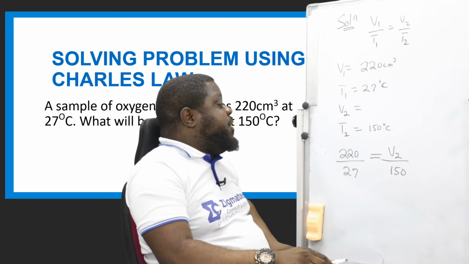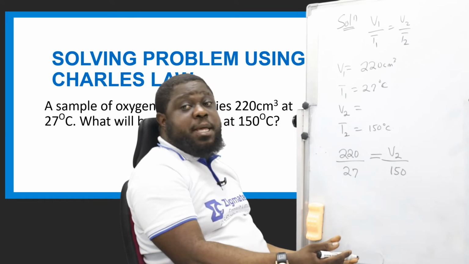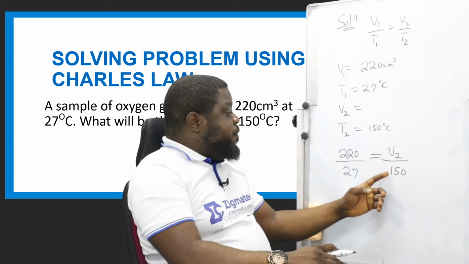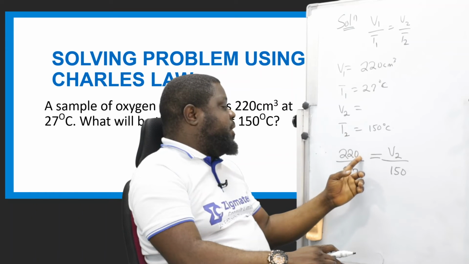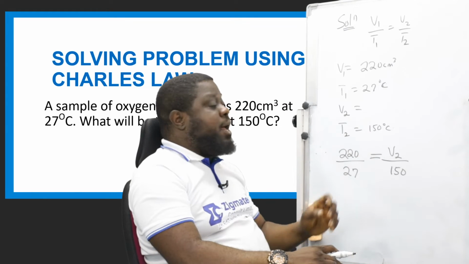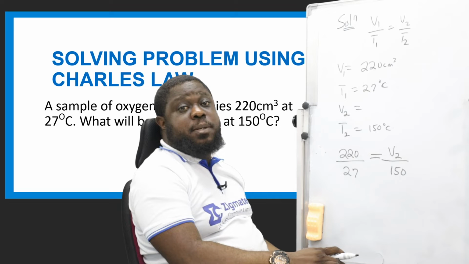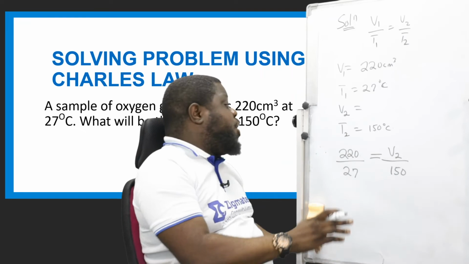Now, how do we get V2? You do a cross multiplication. 150 will times 220, and 27 will times V2.